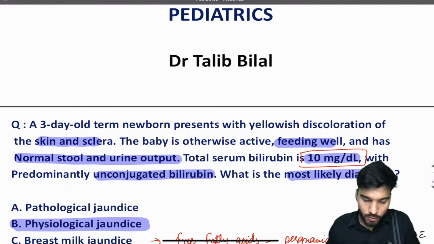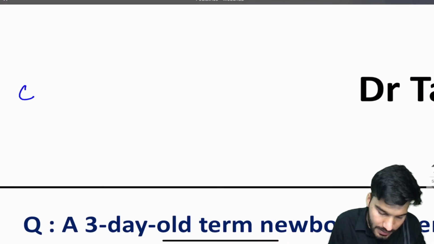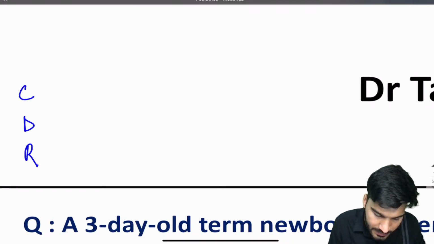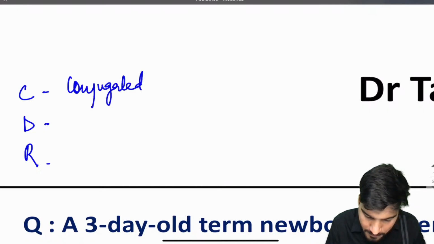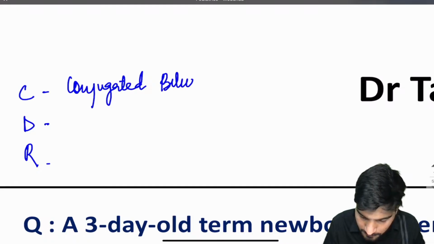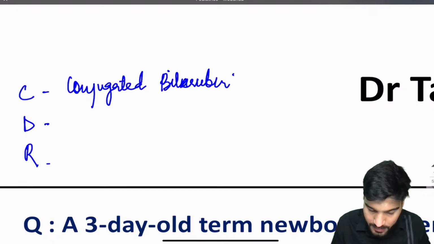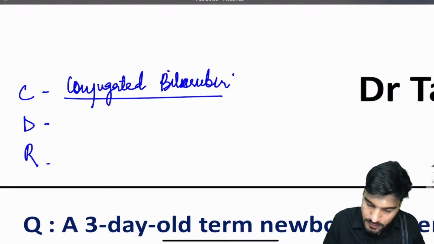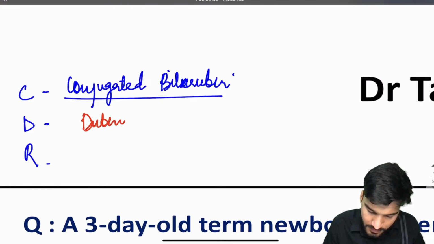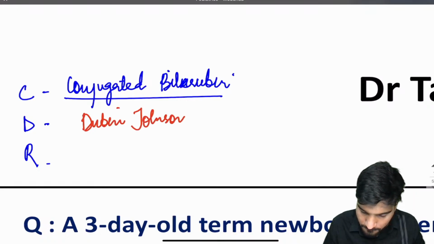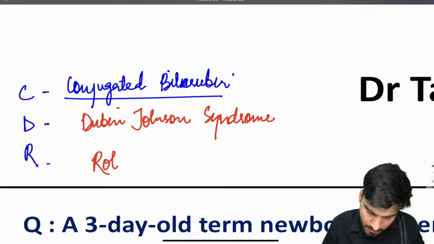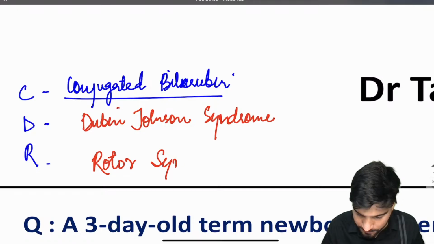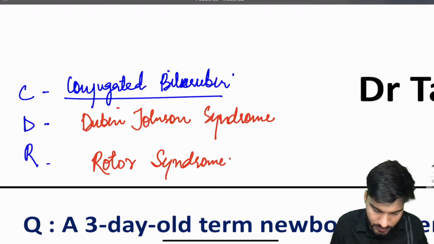Now one more question they can ask, that conjugated bilirubin is increased in, so you will remember CDR. C is conjugated bilirubin, D is Dubin-Johnson and R is Rotor syndrome.